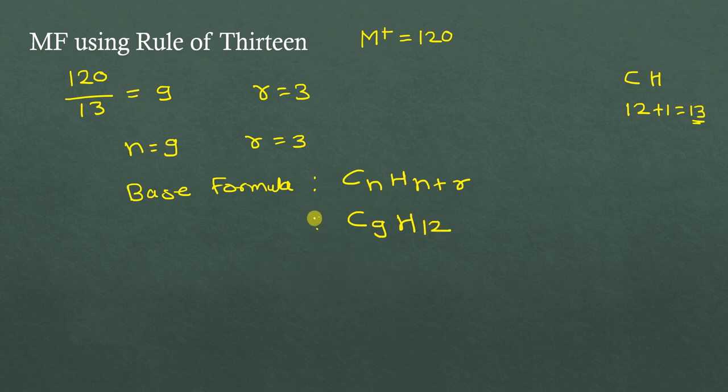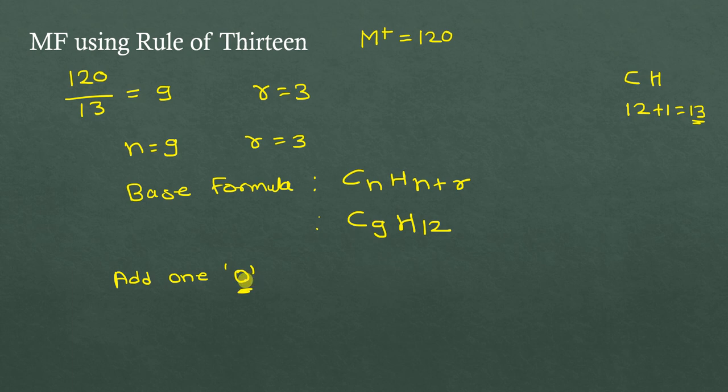Now from the preliminary observation we know it contains CO stretching, so it may contain one oxygen. So in this base formula we'll add one oxygen. When we are adding any element, we need to replace atoms equivalent to the atomic weight of the element which we are adding.